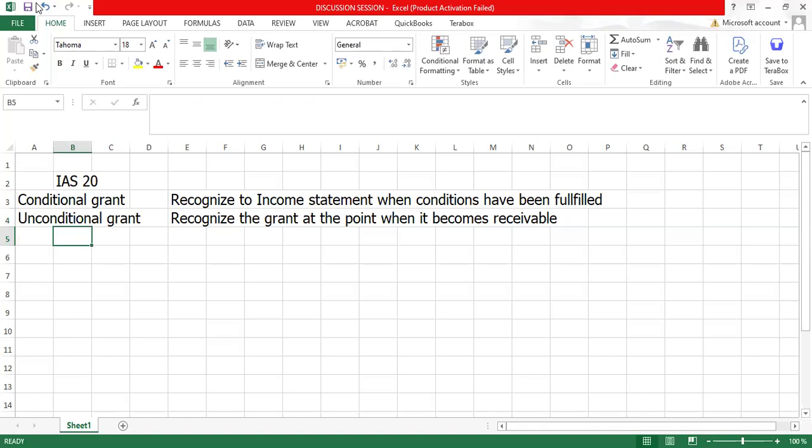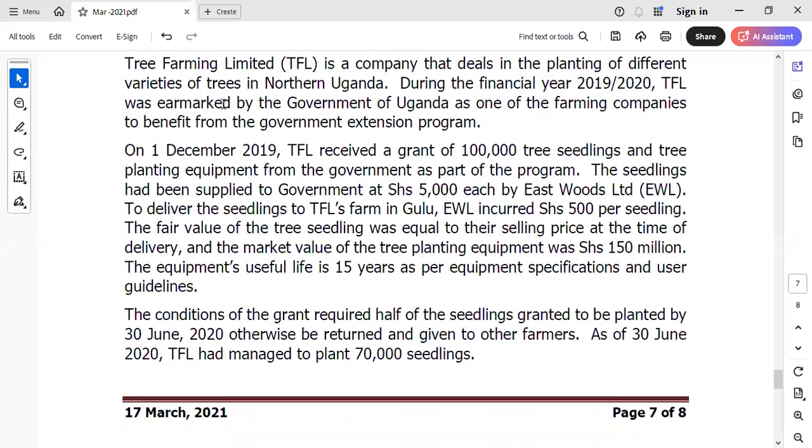Okay, let's just read through the question and see. They are telling us that Tree Farming Limited, that is TFL, is a company that deals in the planting of different varieties of trees in northern Uganda. During the financial year 2019-2020, TFL was earmarked by the government of Uganda as one of the farming companies to benefit from the government extension program.